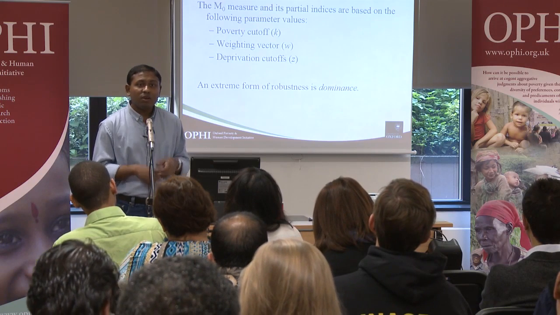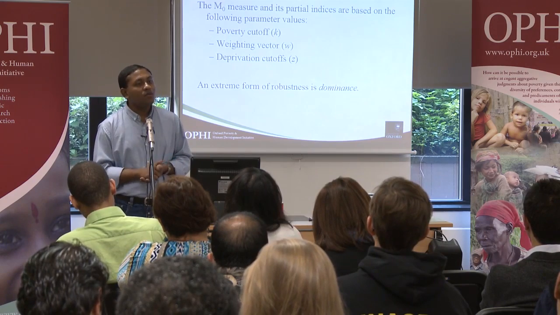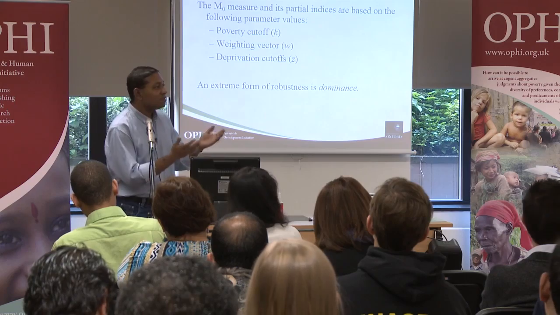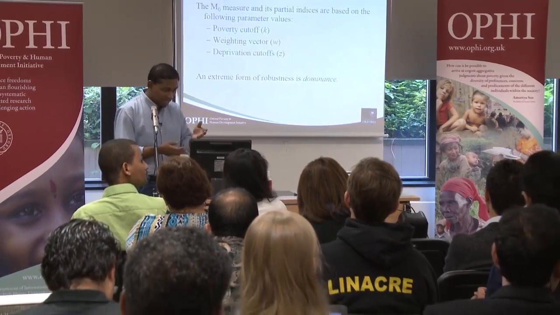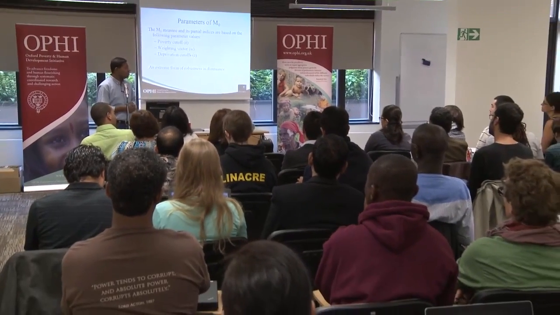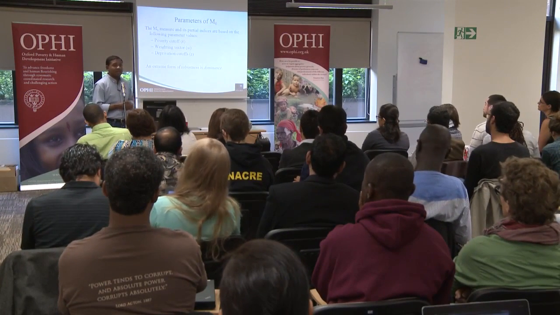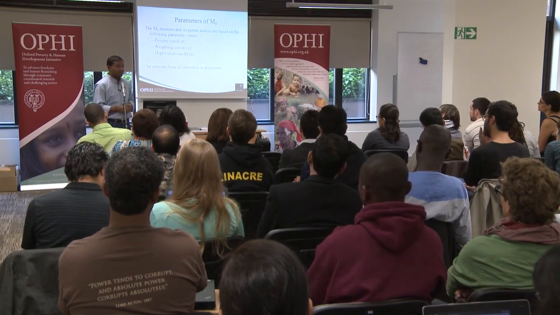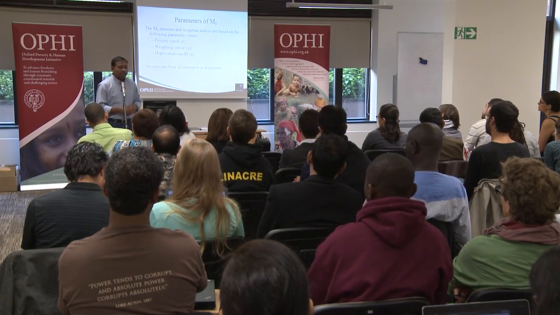What are the decisions you need to make when you are computing the M0? Yes, please. Yes, I have mentioned that. Anything else apart from that? Indicators. Indicator definitions. Yes, I didn't mention that. It could be, definitely. Choice of indicators.